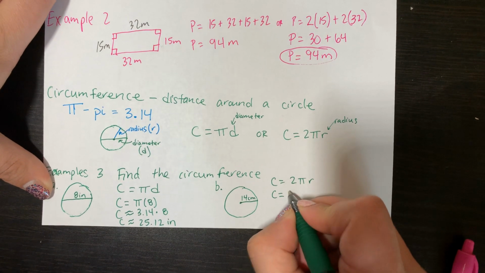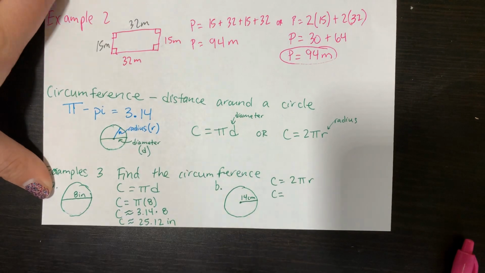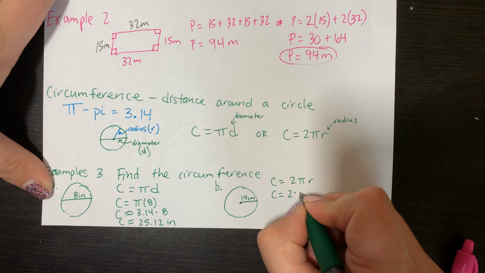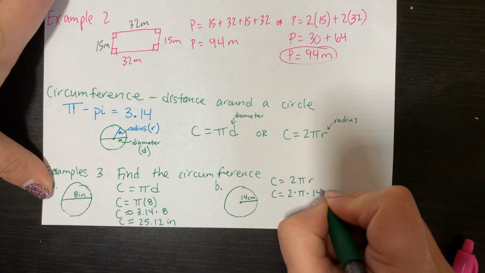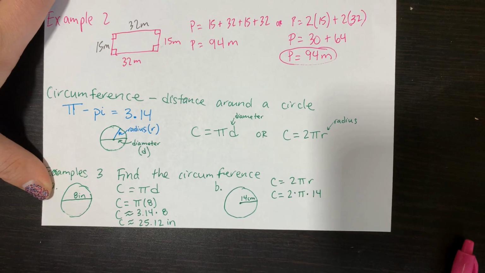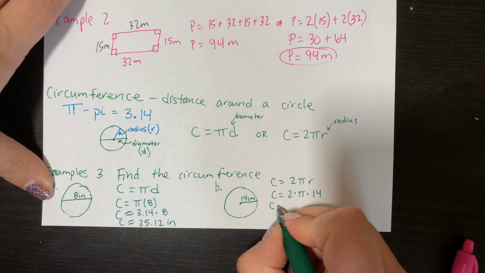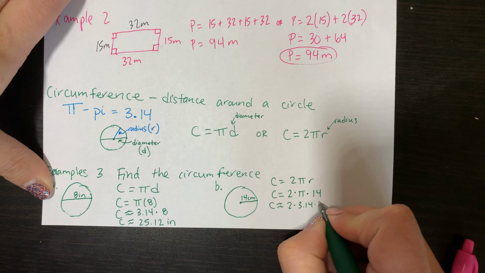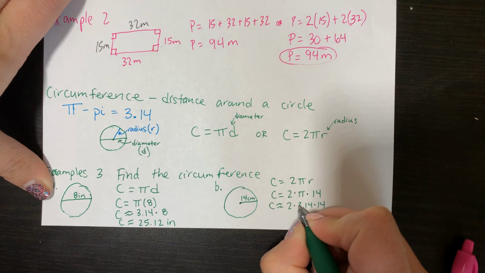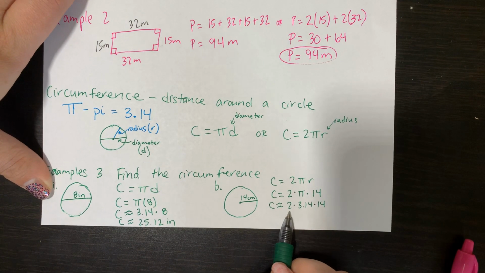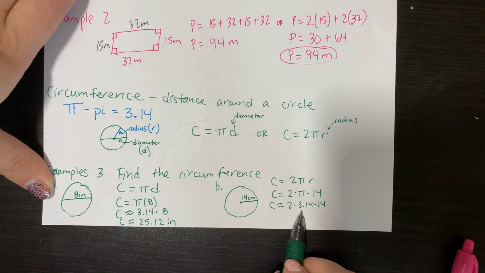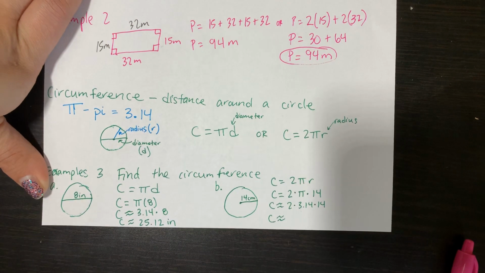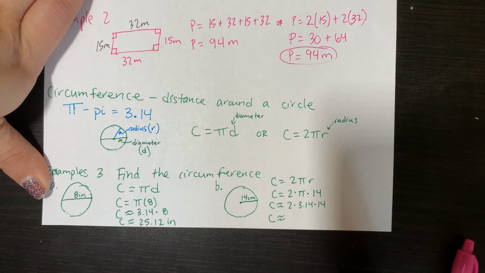My radius is 14. 2 times pi times 14. We're going to use 3.14 as our approximation for pi. So in your calculator, you can type in 2 times 3.14 times 14. And that'll give us what our circumference is.